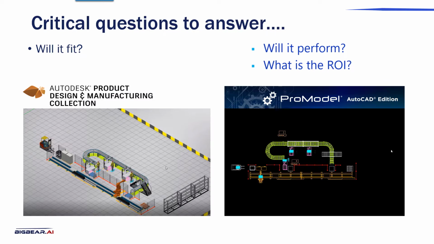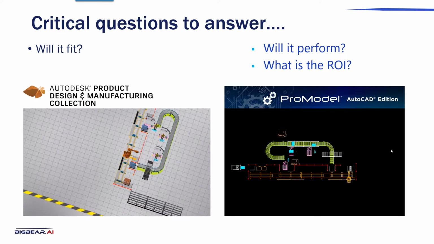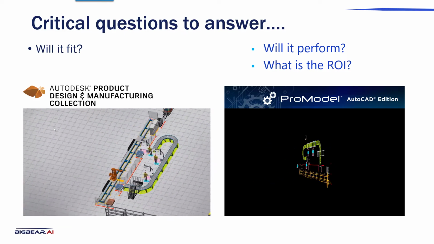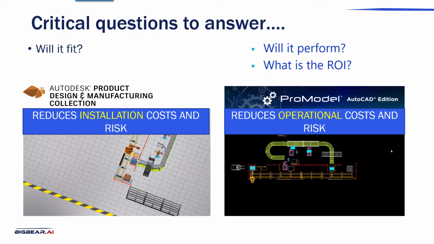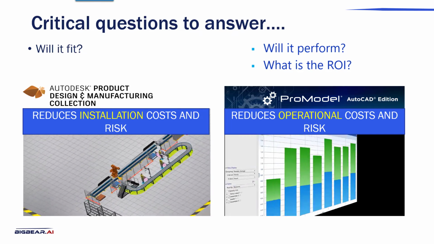The combination of these tool sets allow customers to build out a facilities digital twin that can be used over and over again to test ideas before committing any capital. The Autodesk ProModel solution reduces cost and risk not only for installation of the new process, but operational risks for producing the product throughout its life cycle.